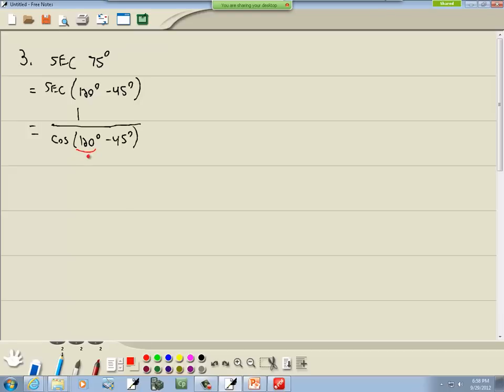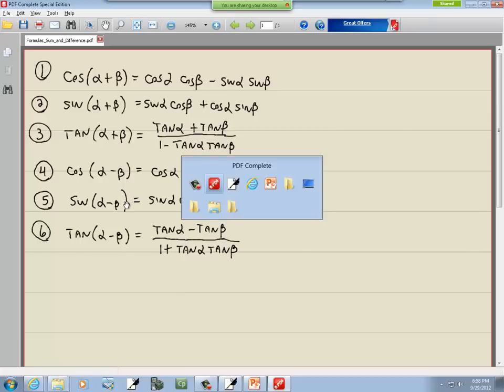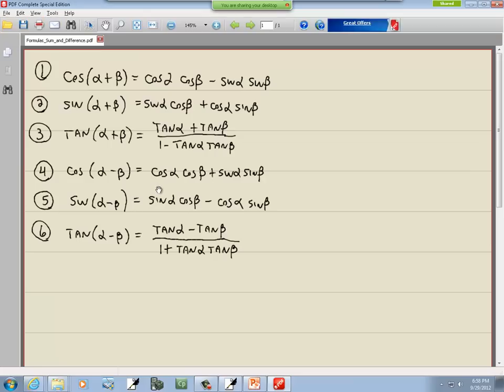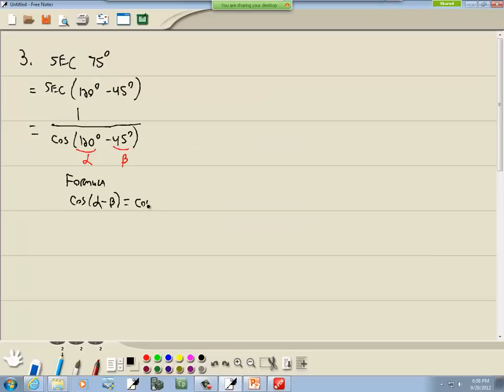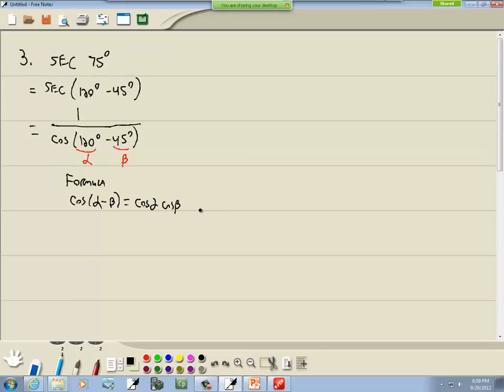Now this will be our alpha, and this will be our beta. And then from our formula, cosine of alpha minus beta is going to equal cosine alpha, cosine beta, plus sine alpha, sine beta.